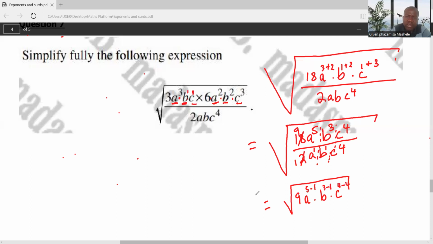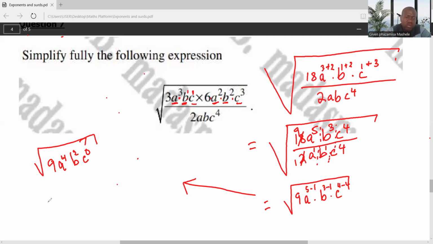And this will give us the root of 9, a to the exponent of 4, b to the exponent of 2, and c to the exponent of 0. And we know any number to the power of 0 is just 1.